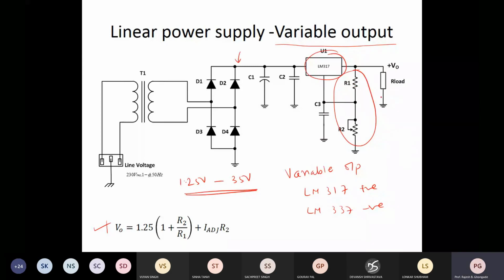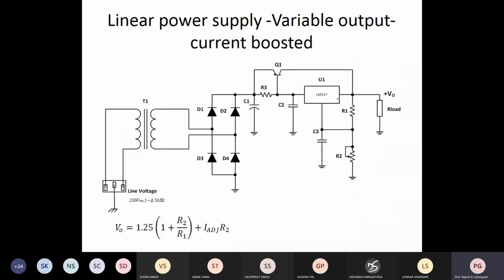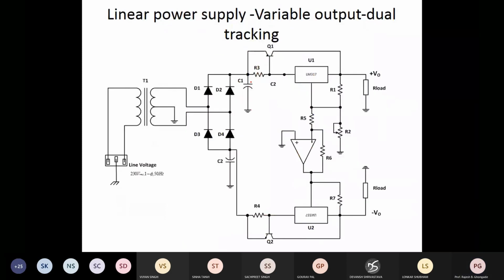Once it is changed to a particular value, it will get regulated. So this is called the variable output linear power supply. Then this is variable output with current boosting. Nothing great. I have just used the current boosting transistor here. Everything else remains the same.